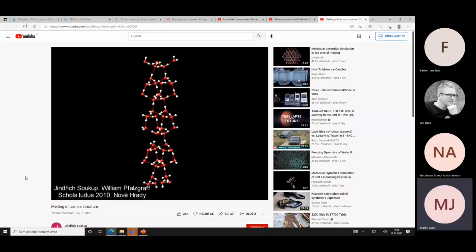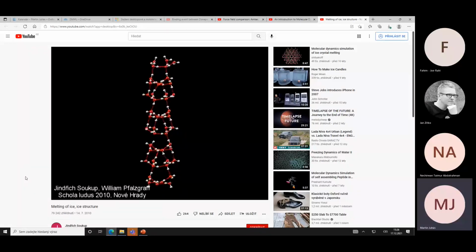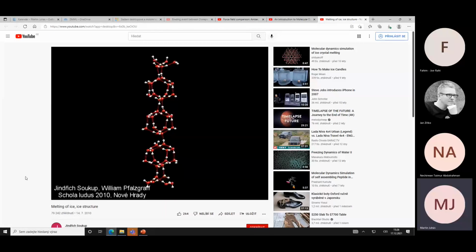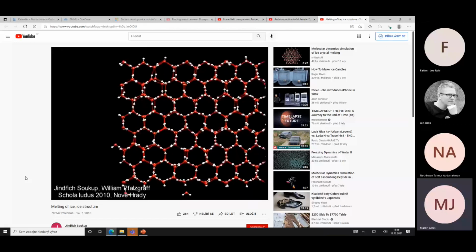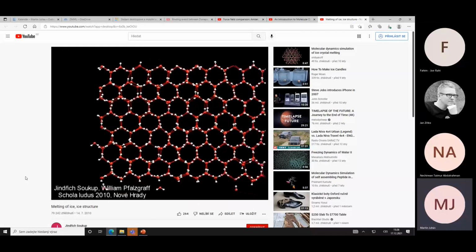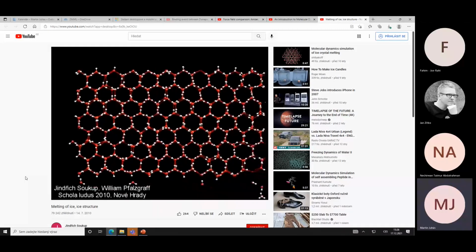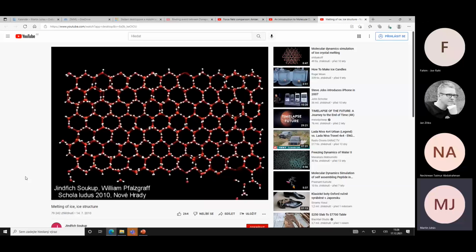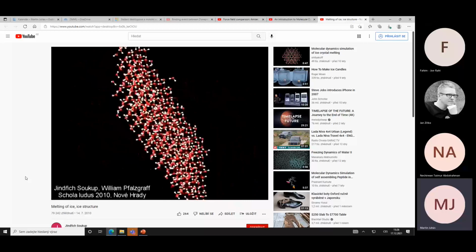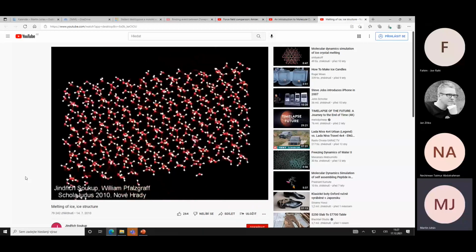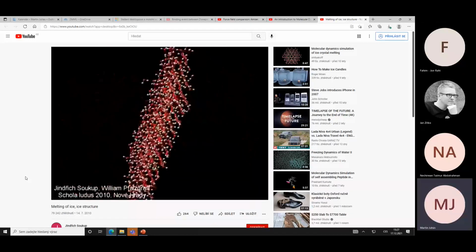You can simulate what the excipients will do in a tablet, and you can simulate different kinds of excipients to see which one of them is best. So there are numerous ways you can use molecular dynamics in research, not only for drugs.